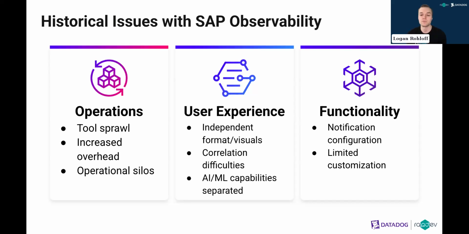So you actually needed to install and maintain a completely separate extension just to do levels of basic anomaly detection. And then from a functional standpoint, things like notification configuration and customization in terms of the metrics or additional pieces of data that could go into some of these SAP-specific monitoring systems were very limited.